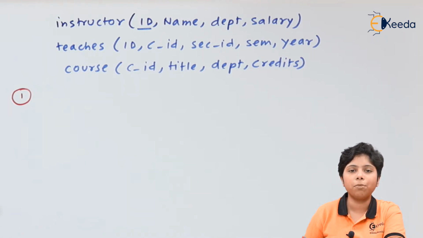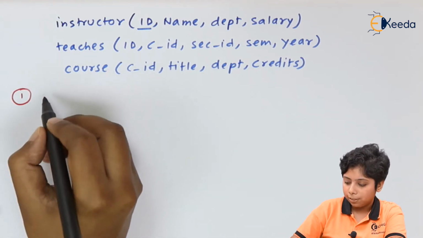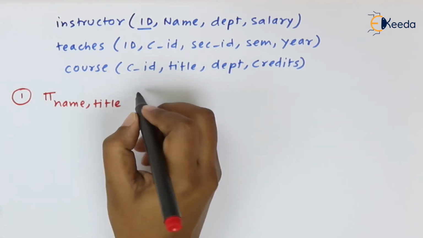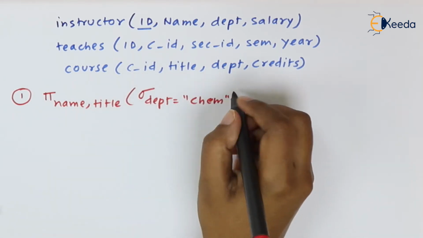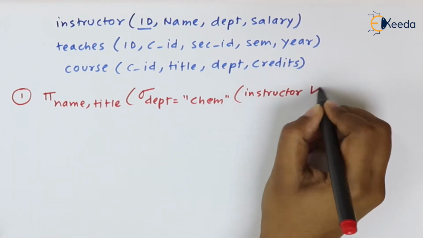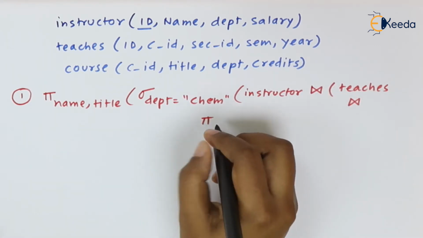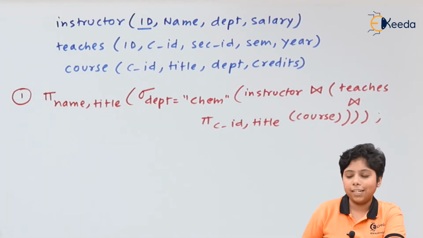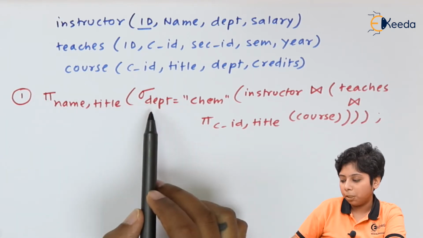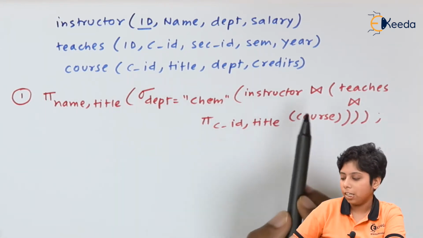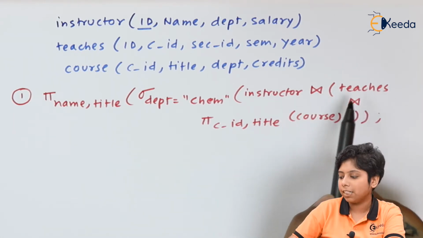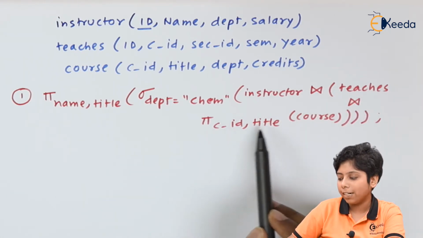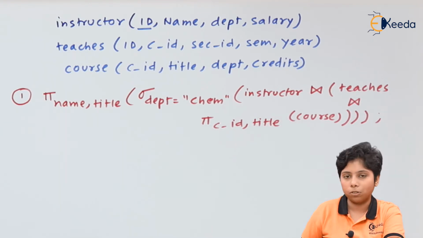So now we will transform the expression into a more detailed, simpler expression. The original query selects name and title for the department Chemistry, which is a selection predicate, on the instructor joined with teaches, joined with the course ID and title projected from the course relation.